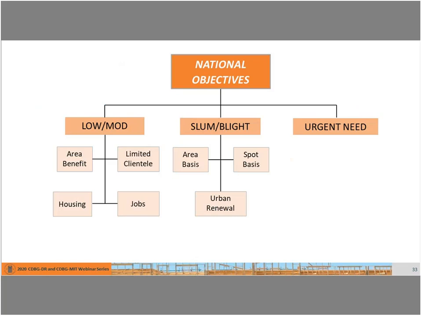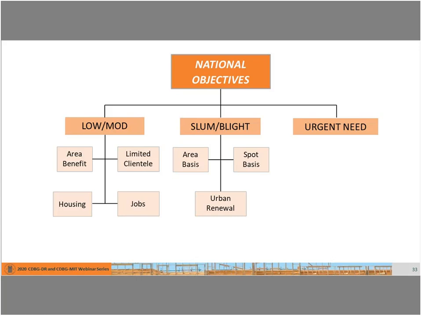These are the typical national objectives. For those of you who have worked with CDBG over the years, these are going to be very familiar. Couple of things to remember. Oftentimes your infrastructure programs are going to be area benefit. But in order to be low mod area benefit, not only does it have to be an area where you've documented by census data that it's over 50% low mod, it also has to be predominantly residential, which is something that sometimes grantees forget.